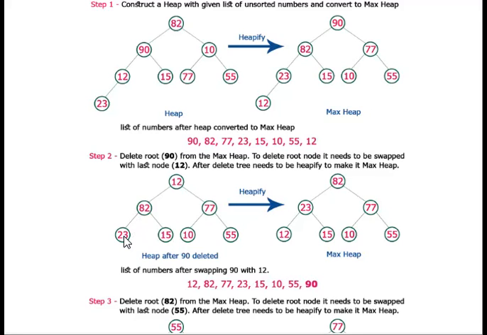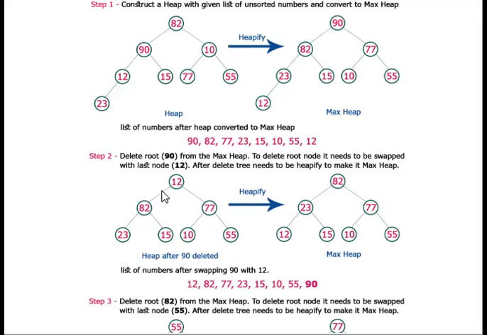In the leaf nodes they are stable. Then in the left subnode and right subnode, when we compare these, 82 will go to the root node.